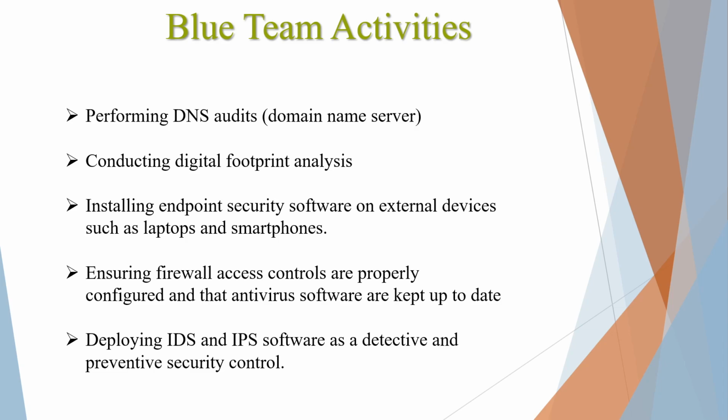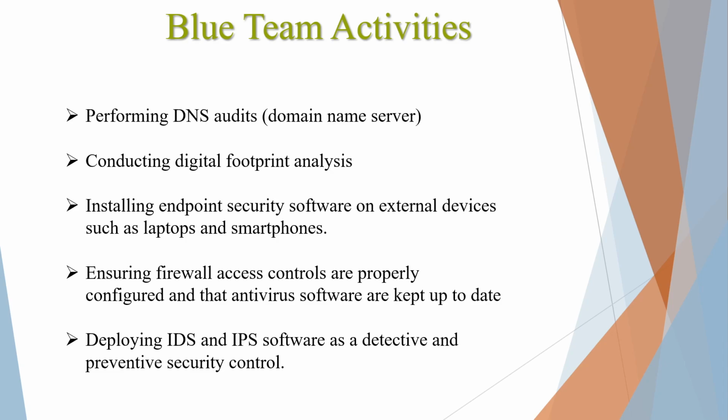Here is a list of some of the day-to-day activities of blue team. Performing DNS audits, domain name server, to prevent phishing attacks, avoid stale DNS issues, avoid downtime from DNS record deletions, and prevent reduced DNS and web attacks. Second one is conducting digital footprint analysis to track users' activity and identify any known signatures that might indicate a breach of security.